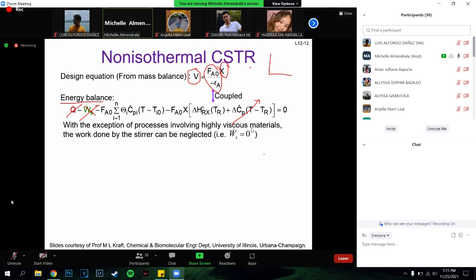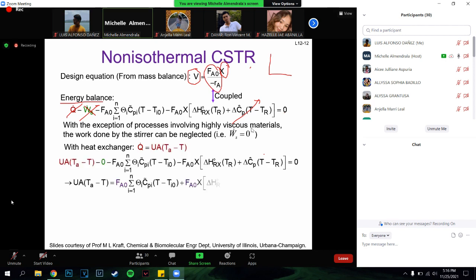So the rate law, all right, the design equation coupled with the energy balance equation will complete your solution. Again, if there is no Q, the left side will be 0.